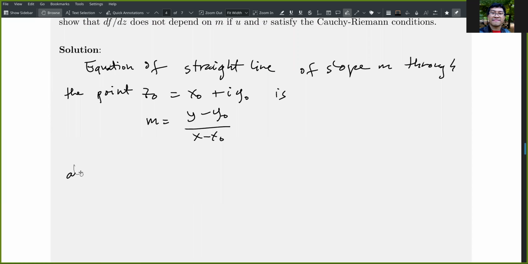So along this line, the slope m is equal to dy by dx.